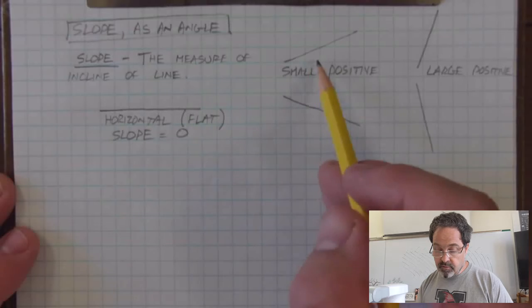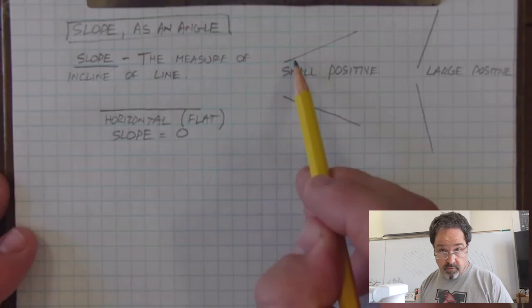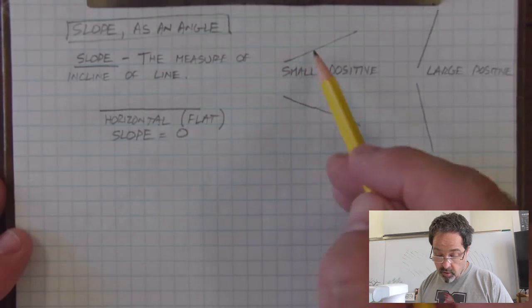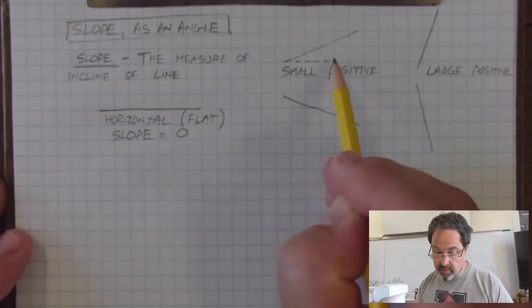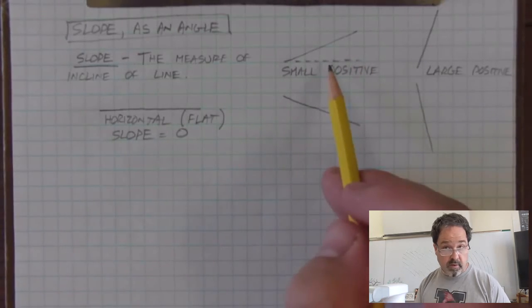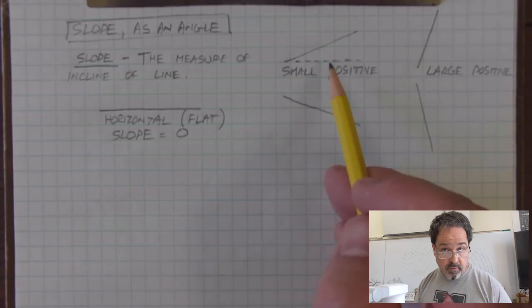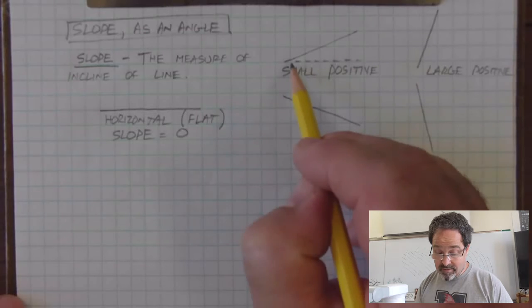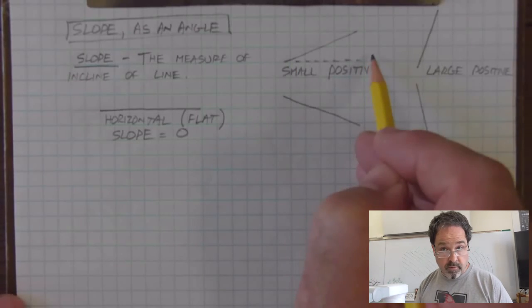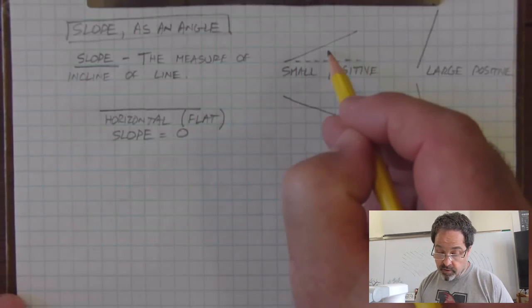If we were going to consider the slope as an angle, then we would compare the slope of this line, or the direction of this line, with a horizontal line that has a slope of 0. The slope of this line is the angle between it and a horizontal. We could have a protractor to measure it.